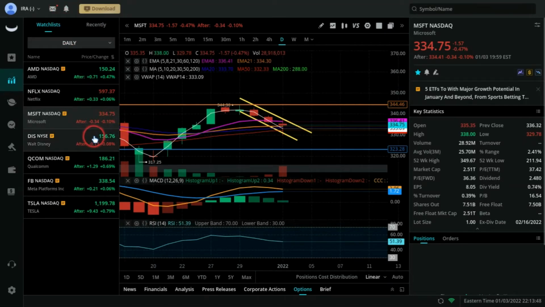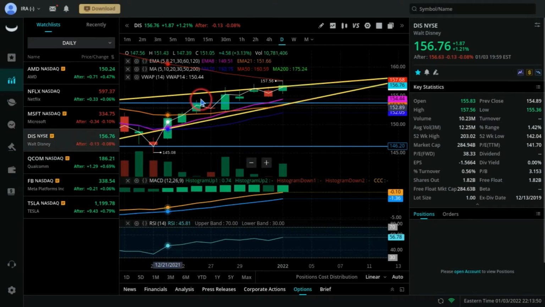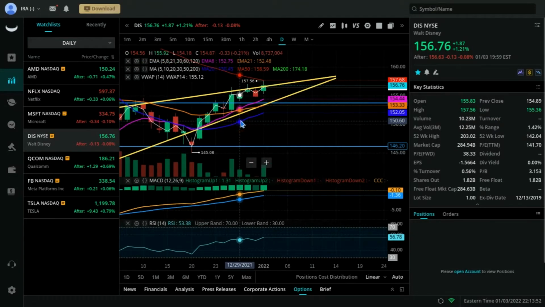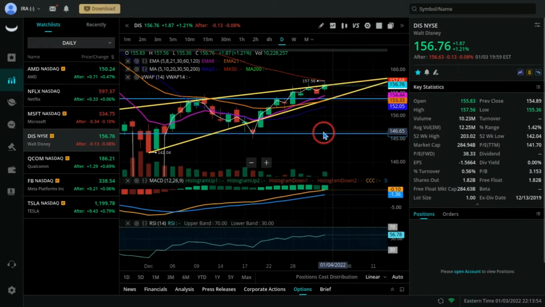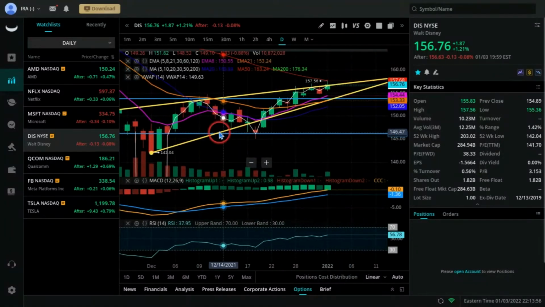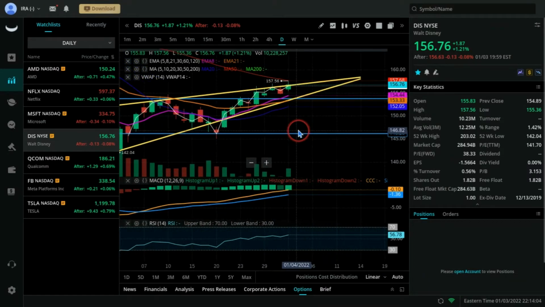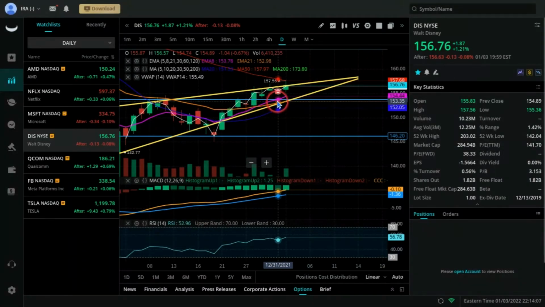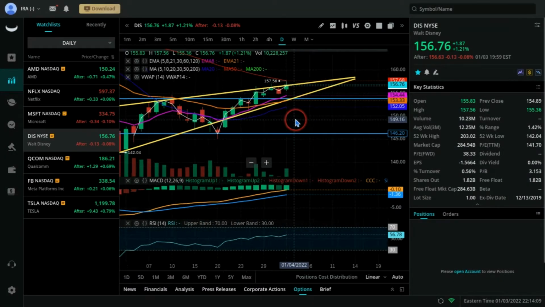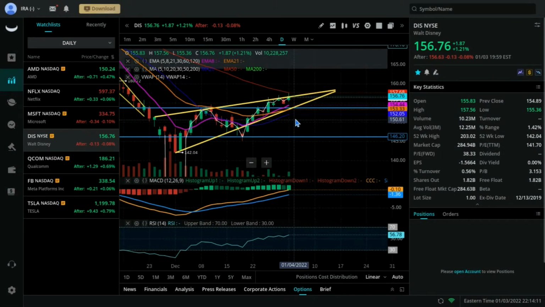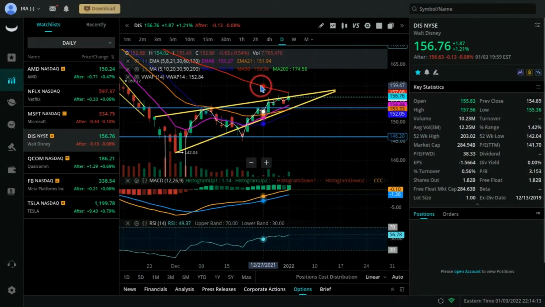What else we got? We got Disney. I like that one. Disney is trying to break this trend and out of this triangle. I wouldn't play Disney until it breaks this 50 MA, and the 50 MA is at 157.68.